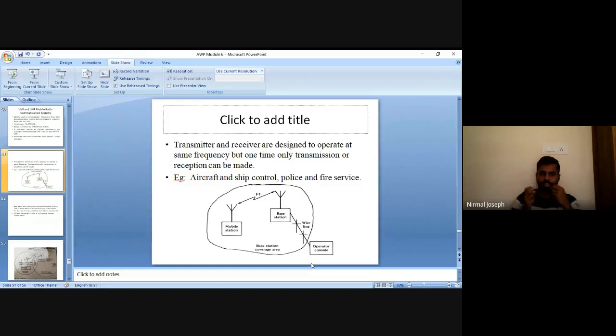It's not like our normal mobile communication. First, they have to speak and their message has to reach there, and then from that sender, the next message should come. They have to wait for that. Only transmission or reception is possible at a particular time. Okay. So the examples are aircraft and ship control, police and fire services.